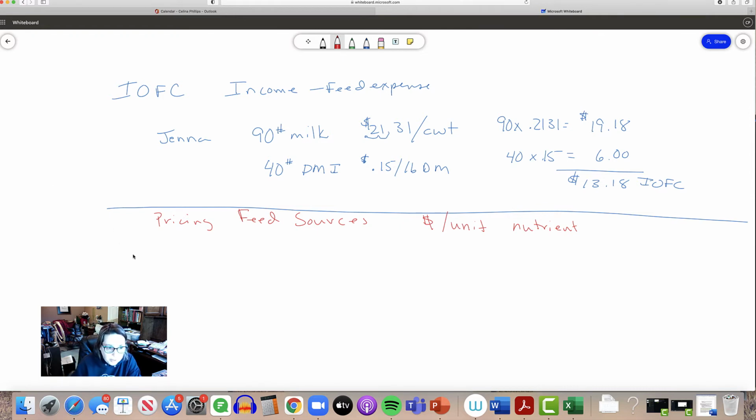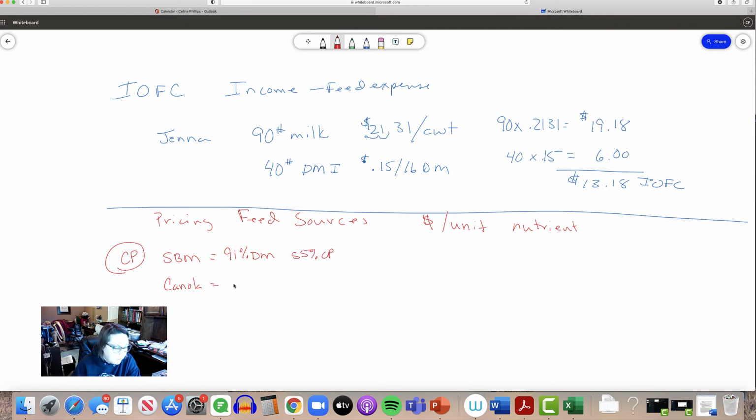So, for example, I'm going to do a protein example. Say we're looking at soybean meal and canola meal. If I look up soybean meal in the Noble Feed Library, I find that it's 91% dry matter and 55% crude protein.